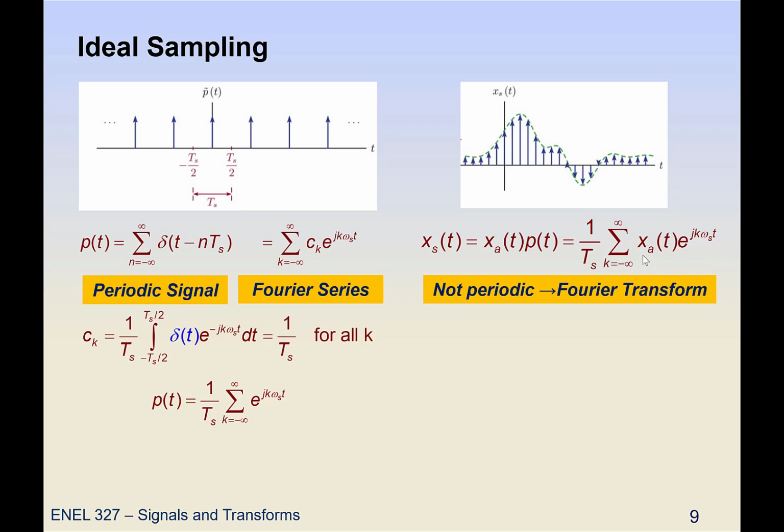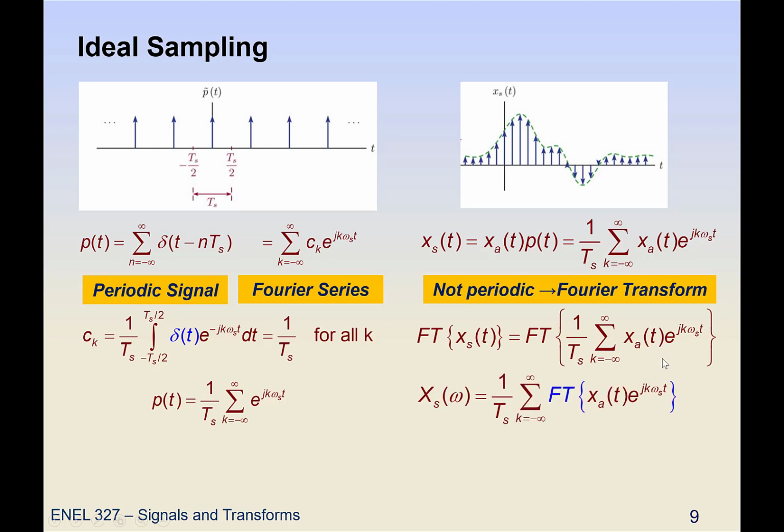So our sampled signal, x of s, should have a Fourier transform. If we take the Fourier transform of both sides, we can carry that summation outside of the Fourier transform because it's linear. Then we just look at the Fourier transform of what's inside the curly braces.